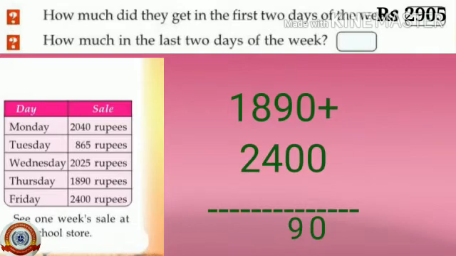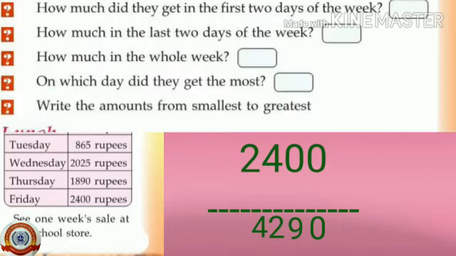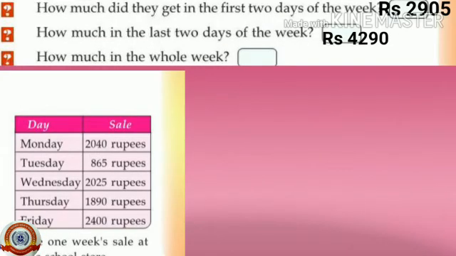For 12, 2 here and 1 is to be carried in the thousands place. 2 plus 1, 3. Plus 1, 4. 4290. How much did they get in the last 2 days of the week? 4,290 rupees.